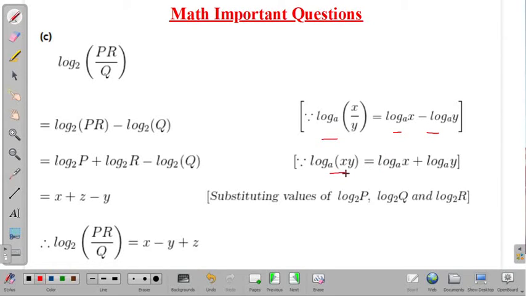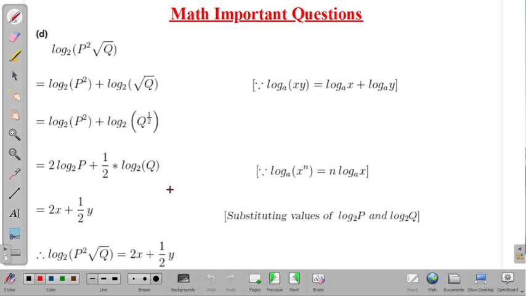Again log of xy equal to log x plus log y. So considering p as x and r as y, we can write it as log p plus log r minus log of q. And substituting log p equal to x, log r equal to z, and log q equal to y as given, our given expression will become x minus y plus z.